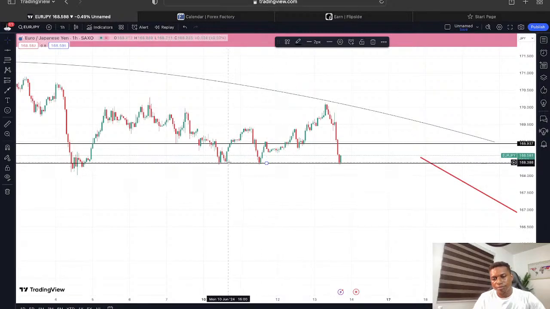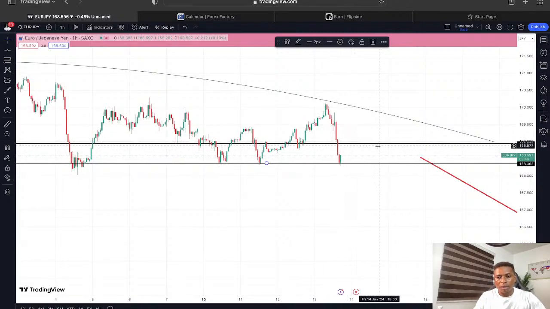Then watch the market come, hit your sell limit, and continue. You can put a sell stop at this level, so when the market comes, it triggers your sell stop, and then it continues to go.